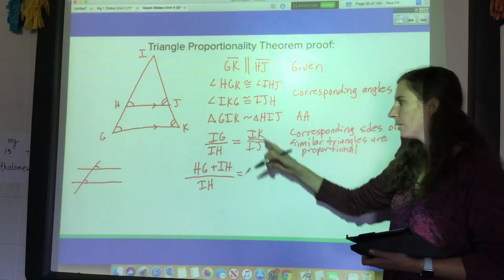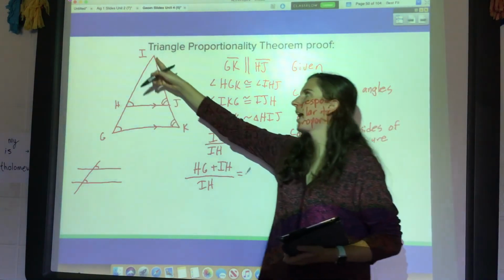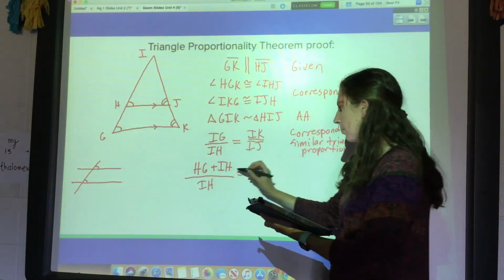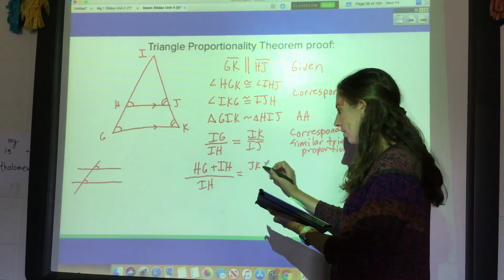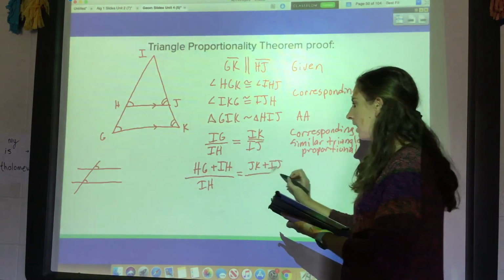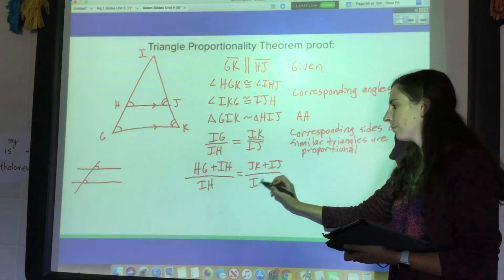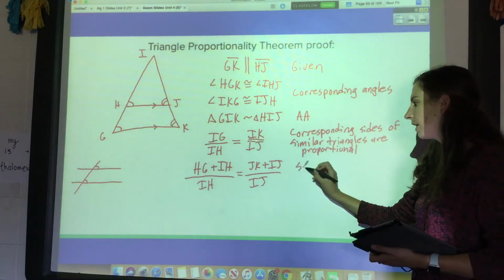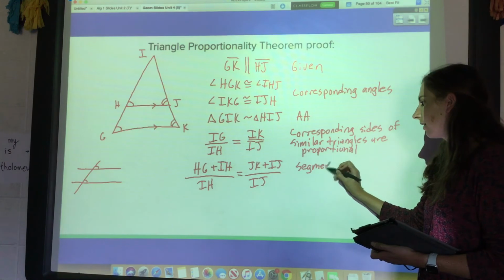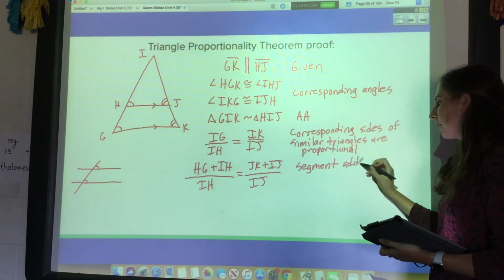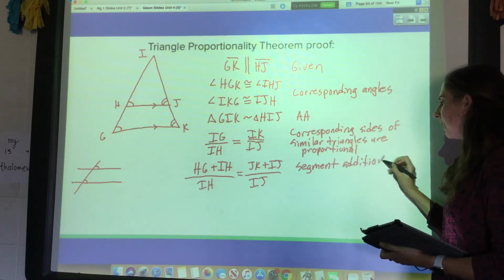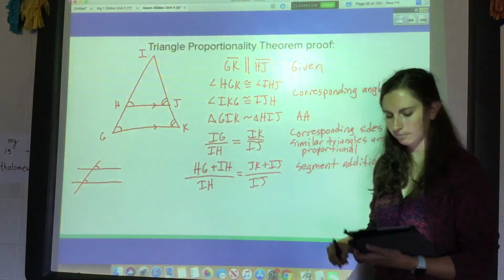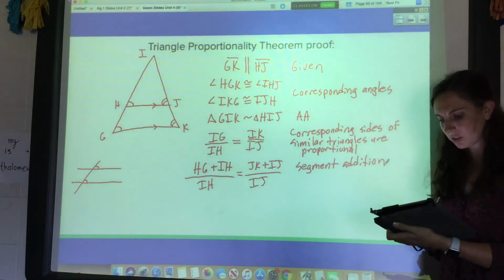I'm going to do the same thing with this one. Instead of IK, I'm going to split it up into this and this. So I'm going to make that JK plus IJ. Leave this IJ in the bottom. The reason I was allowed to do this is because of the segment addition postulate. Basically, segment addition. Like, I can add this segment and get this segment.